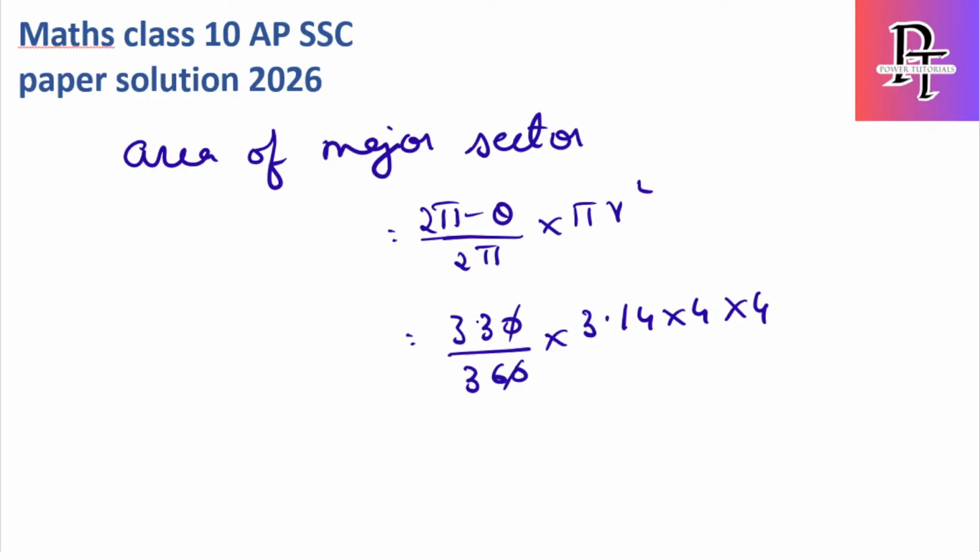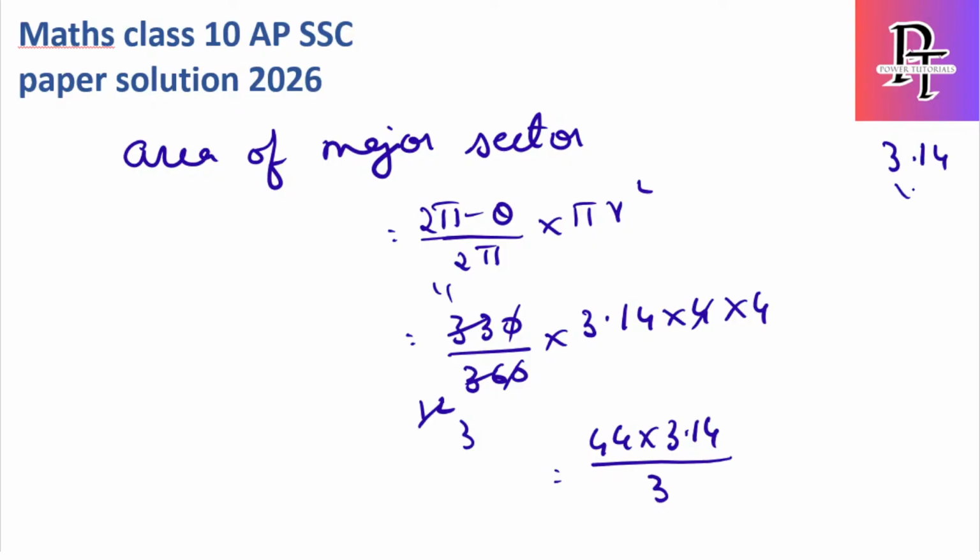Zero zero cancels, 3 11s are 33, 3 12s are 36, 4 1s are 4, 4 3s are 12. So you will get in the numerator 11 into 4 is 44 into 3.14 by 3. Let's multiply 3.14 into 44.